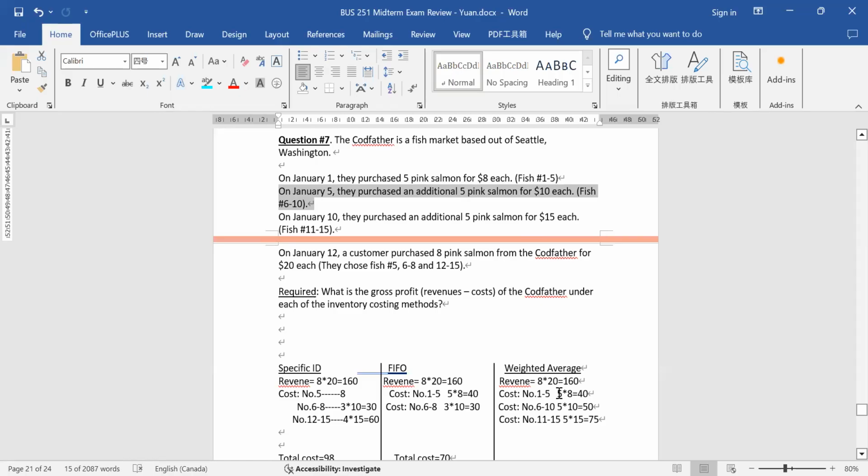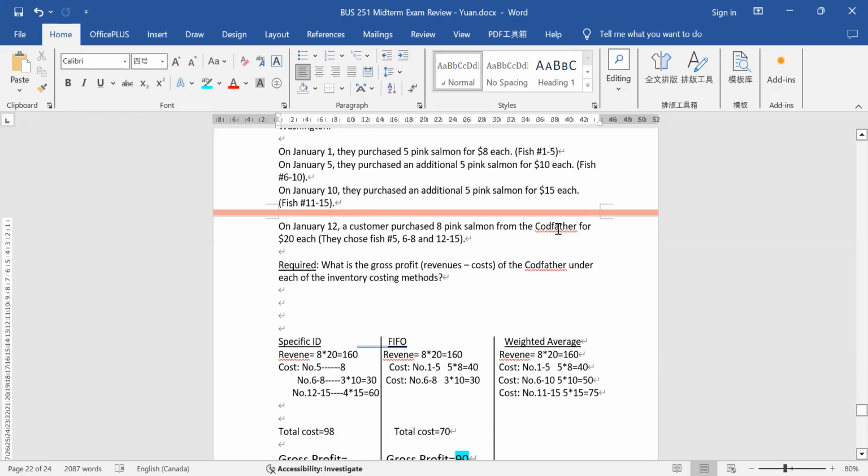This is the first transaction: you pay for fish number 1 to 5 at a price of 8. The second time you pay for fish 6 to 10 at a price of 10 each. And for the last group, fish 11 to 15, the price is $15 each, and this is the cost. This is all the cost you have.